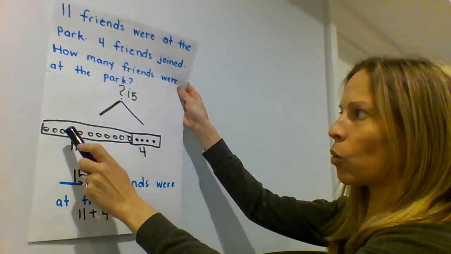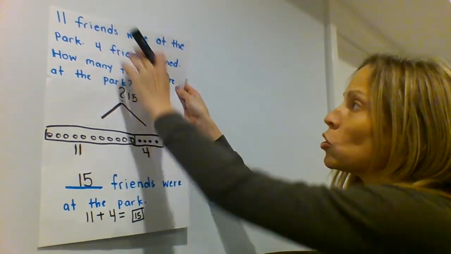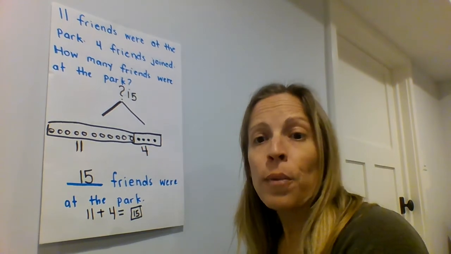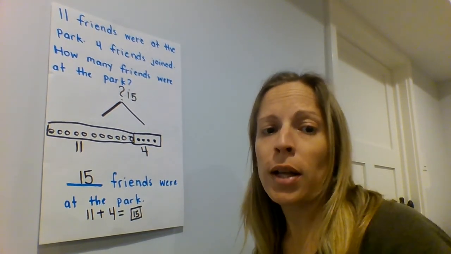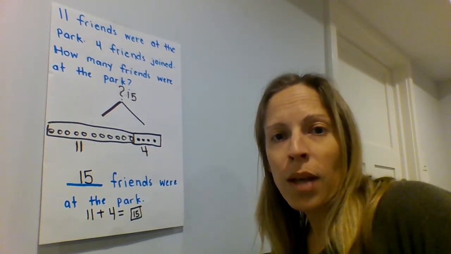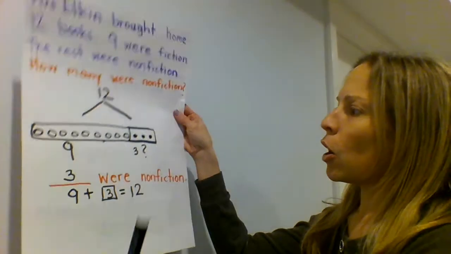On the back, we were missing the total, so we drew both parts. So friends, today attached to this posting is 3 story problems. You're going to read them carefully and you're going to draw tape diagrams. Make sure you determine before you solve it, are you missing a part or are you missing a total?